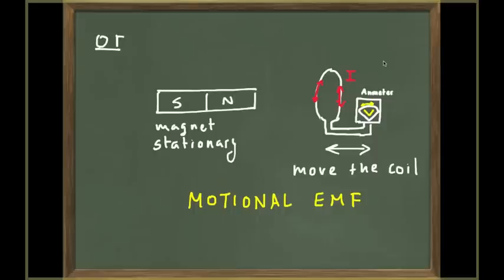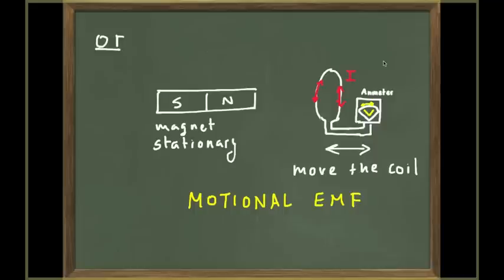If I move the coil in the opposite direction, it goes in the other direction. So either I move the magnet or I move the coil, the result seems to be the same. There is a current that is induced in this coil. This is the coil that we're talking about, this closed circuit.